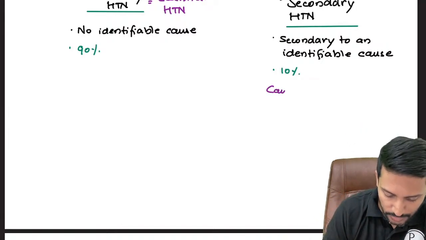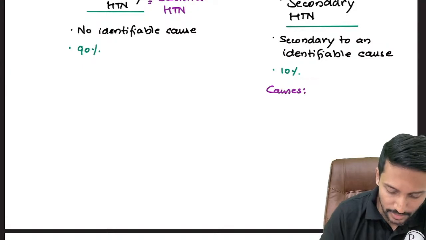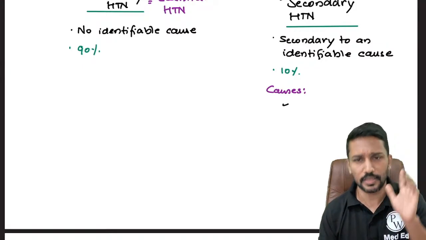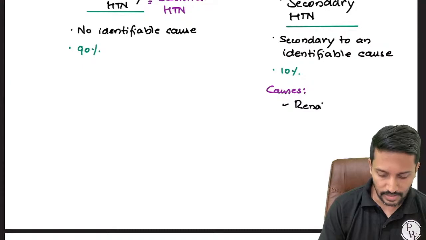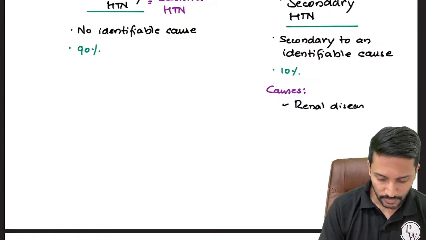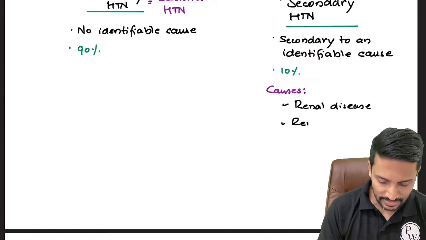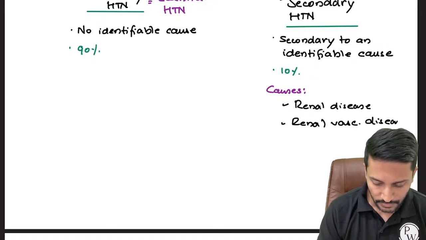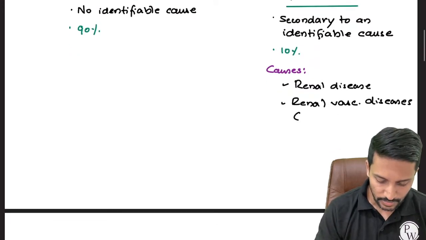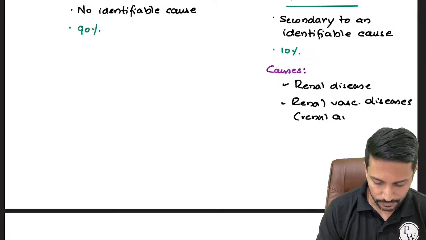The common causes for secondary hypertension that I want an undergraduate student to remember: the first thing that should come to your mind is kidneys. We'll call them renal diseases, renovascular hypertension and renal vascular diseases. When I say renal vascular diseases, primarily I'm referring to renal artery stenosis.